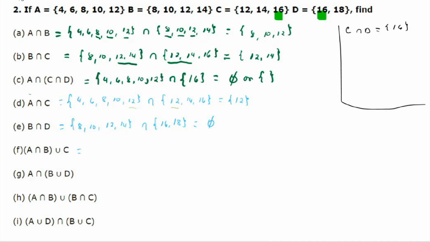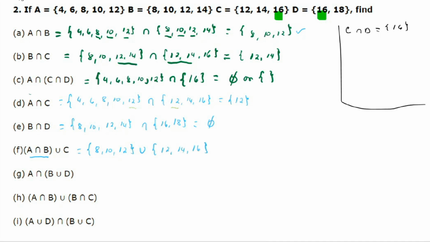We have here A intersection B. Since we already have the answer for A intersection B from a while ago, I will write it now: A intersection B, whose elements are 8, 10, 12, union C, whose elements are 12, 14, 16.